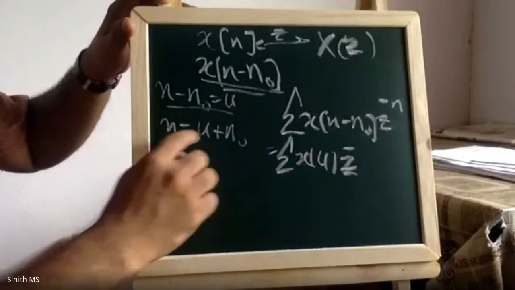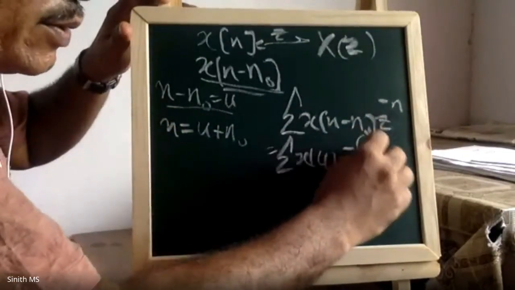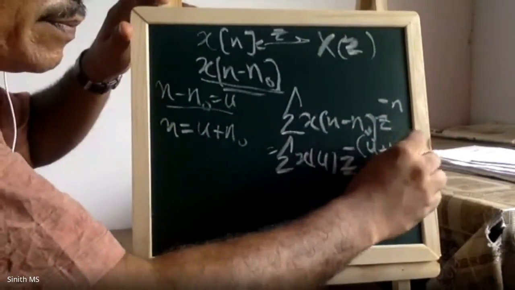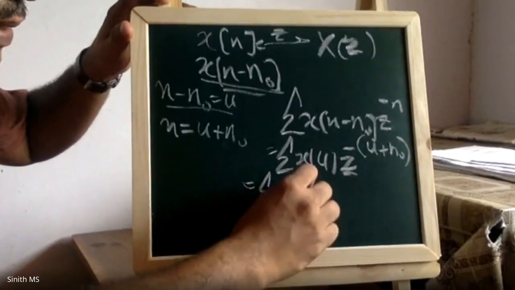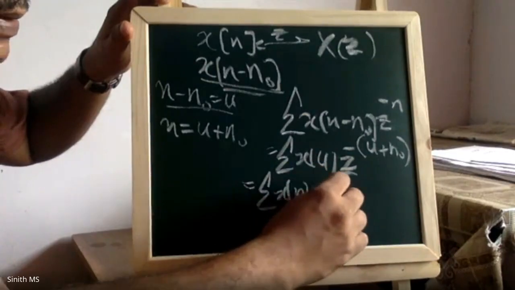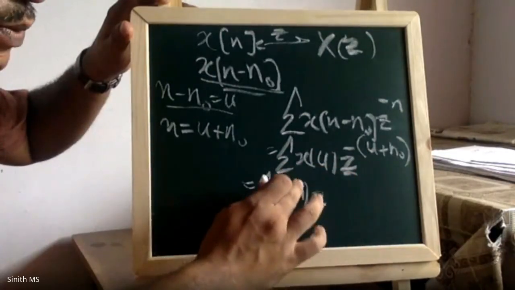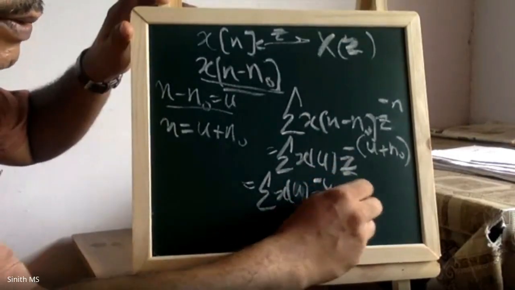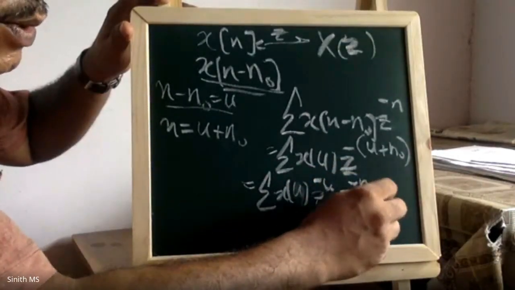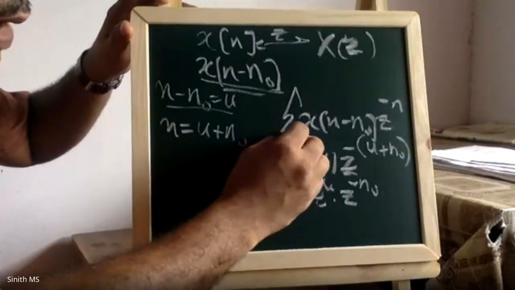What is n? n is u plus n0. So you put u plus n0, and this can be written as sigma x[u] z raised to minus u into z raised to minus n0.